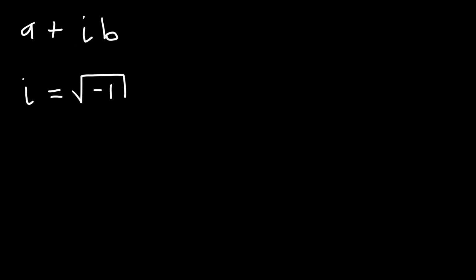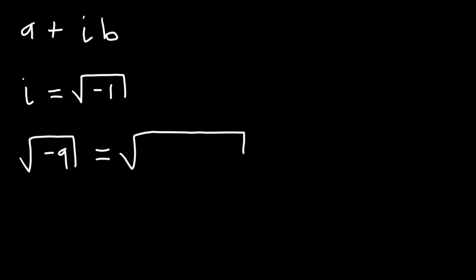Long ago, it used to be difficult to find the square root of a negative number. But after discovering that the square root of -1 is equal to i, it became possible. For example, we can find the square root of -9. First of all, this can also be written as the square root of 9 times -1.